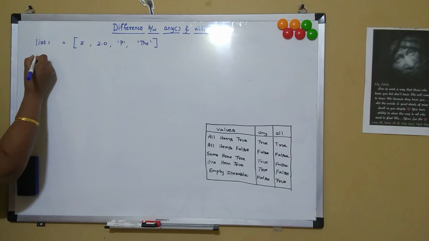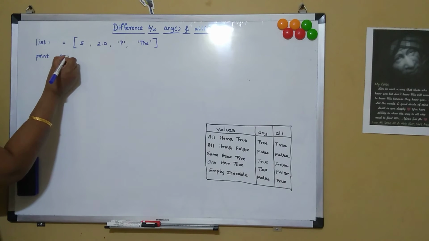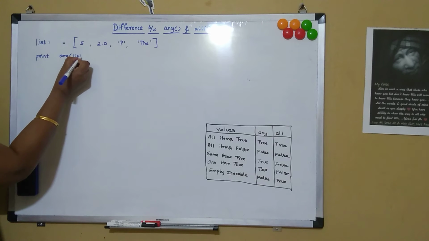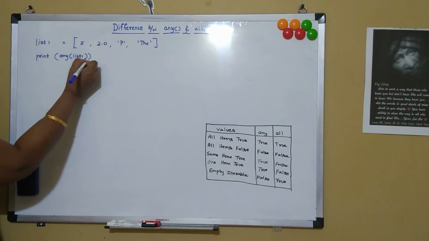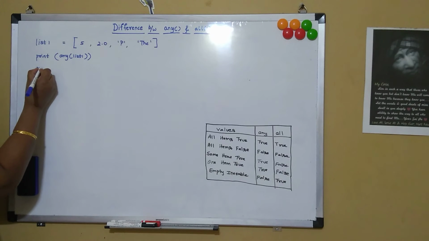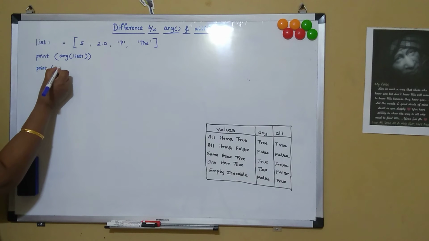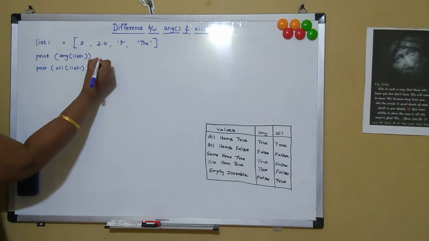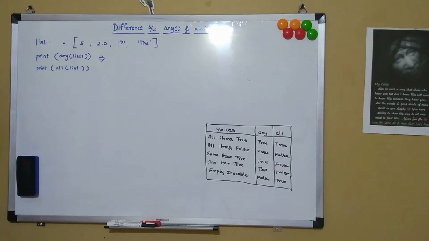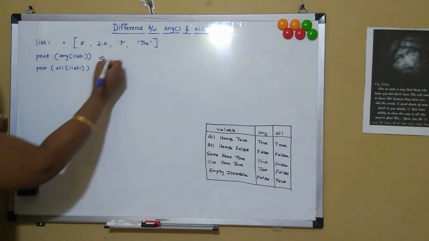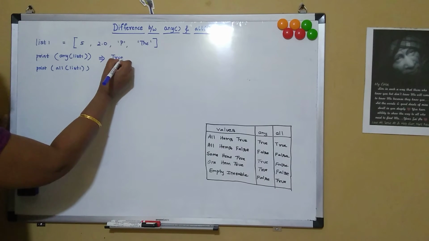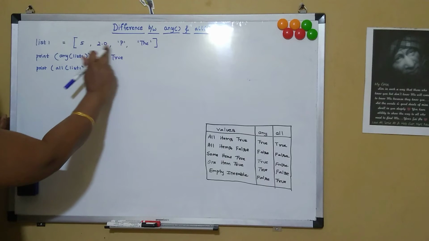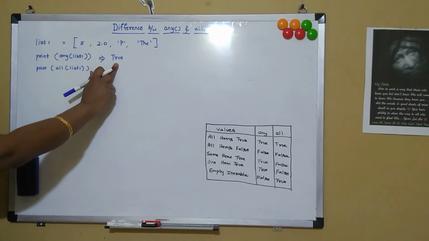So now if I say print any of list1 and then print all of list1. In the first scenario, any function returns true because even if one of them evaluates to true, it returns true.